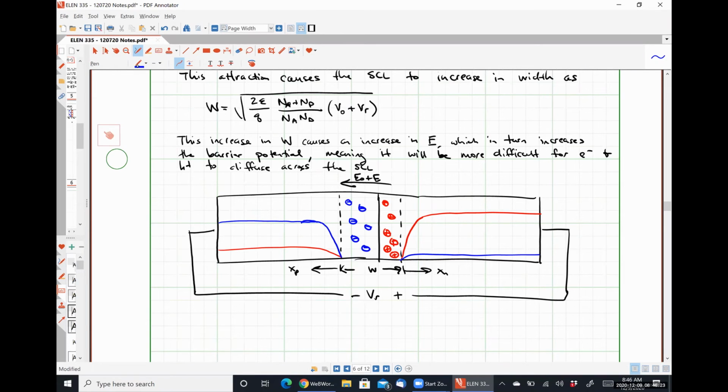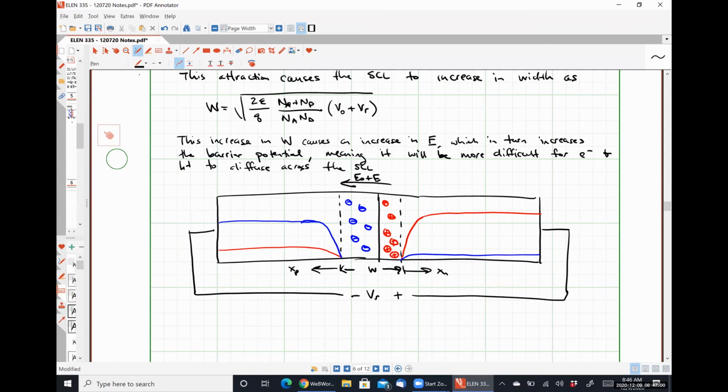So what we are going to observe is that minority carriers can diffuse pretty easily, but majority carriers cannot, right? So let me clarify that. In the forward bias condition, the lowering of the barrier potential meant that it was easier for holes to diffuse from the P side to the N side, and easier for electrons to diffuse from the N side to the P side.